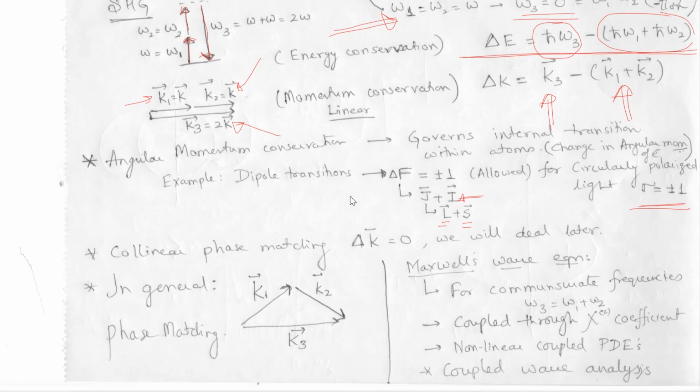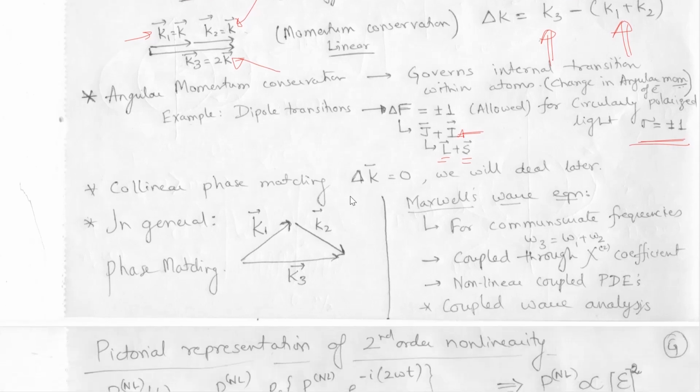In the sense that the angular momentum contained in the photon is given to the medium, so that the electron changes its overall angular momentum, or as the electron comes down, it gives away this 1 unit of change in the angular momentum to the light field. Hence, we get a circularly polarized light out.